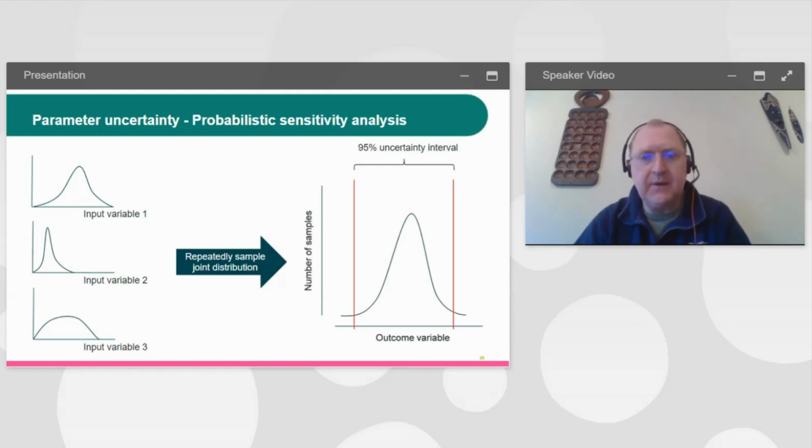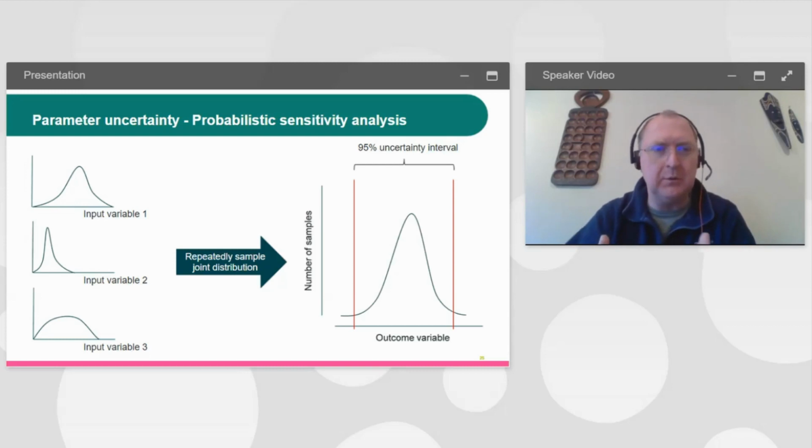So that's fairly standard. But the non-linear nature of infectious disease models and of infectious disease epidemiology, not just in the modeling but in reality as well, means that the outcome variables are very sensitive to changes in the uncertainty within the inputs, the variables in our model.